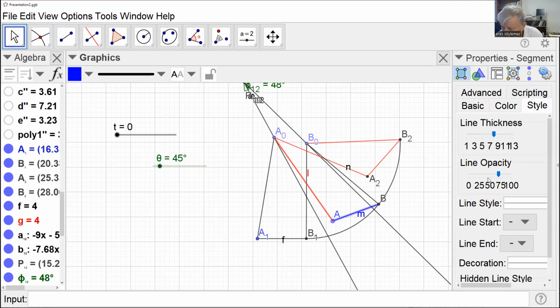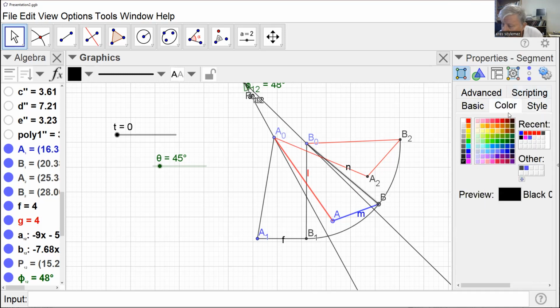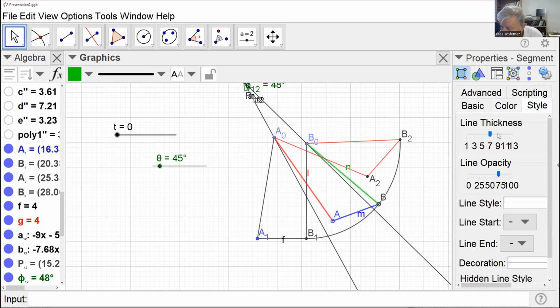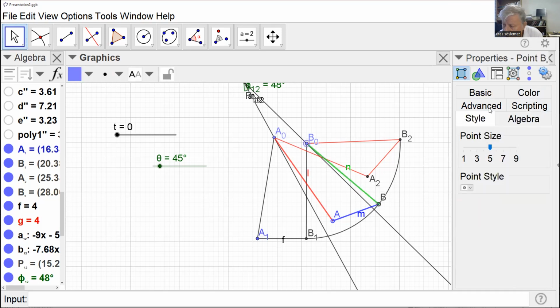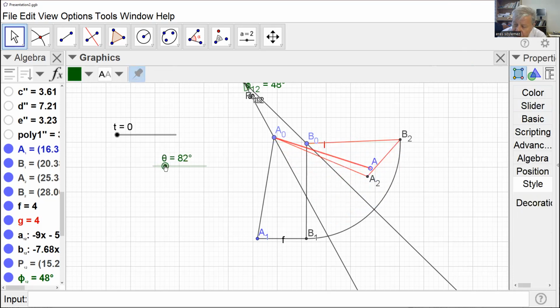Increase the thickness. And make it green. Increase the thickness. These points, I will keep it black, but increase the size. Okay, that will do. Now I will be able to move my rigid body, as you can see.